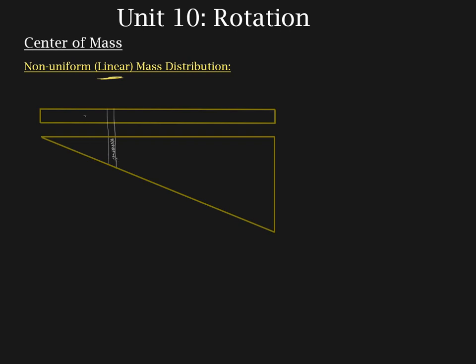Compare that slice to this slice. Looking at it from this perspective, all we see is that it's getting a little bit heavier, a little bit heavier, a little bit heavier, more and more mass until we get to the very end.